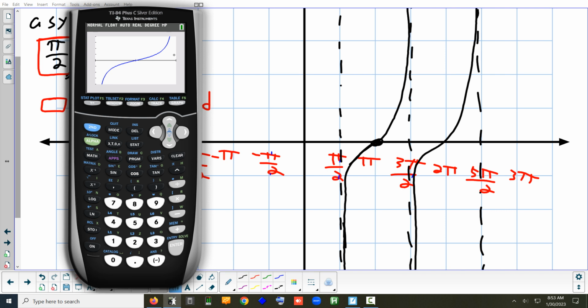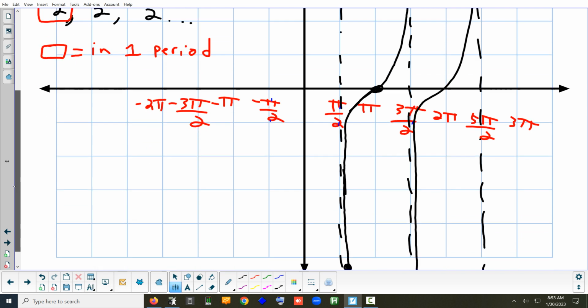How wide is that? 90 to 270. 180 degrees. So for tangent and cotangent, which you'll see in a minute, one cycle is 180 degrees. That's different than sine and cosine.